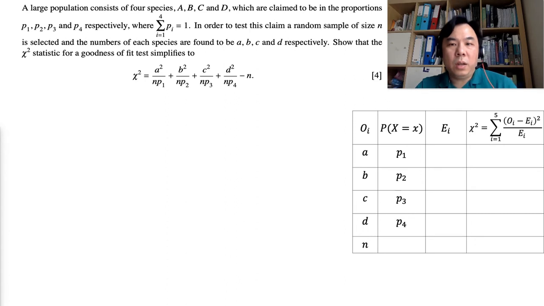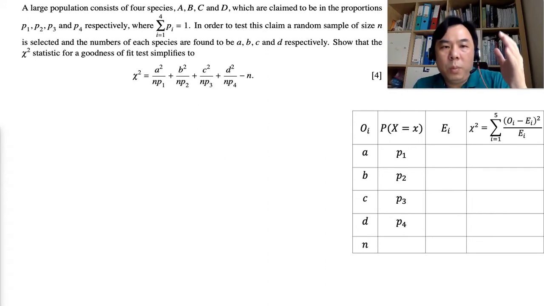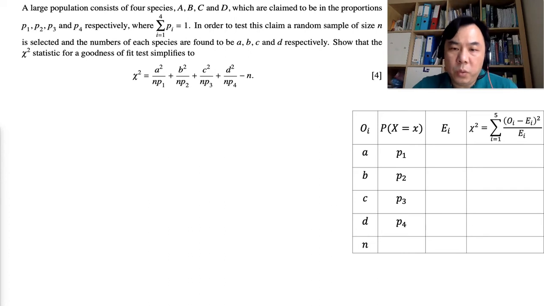Now I have prepared a table. Usually when we handle a chi-square question, it's always best to prepare a table where we can record all the individual observed frequencies, which I have already written down here as Oi.